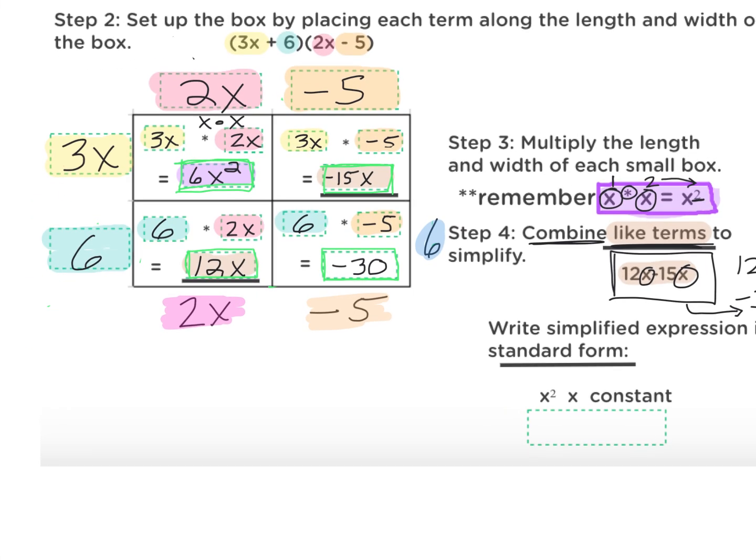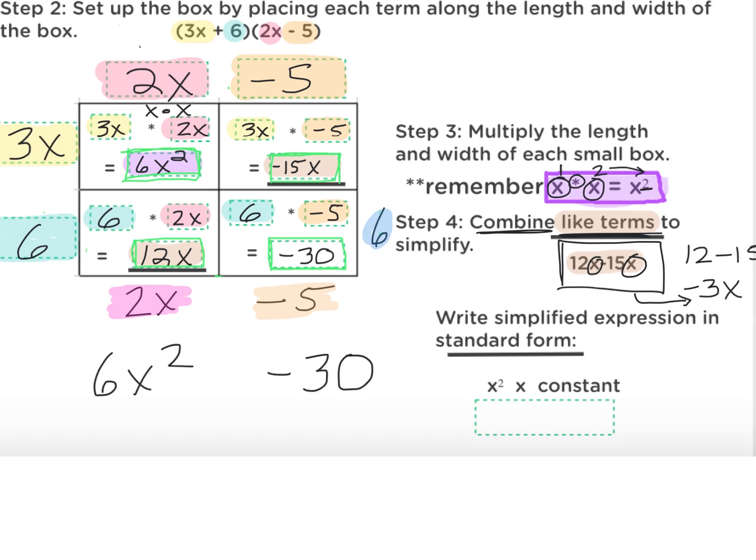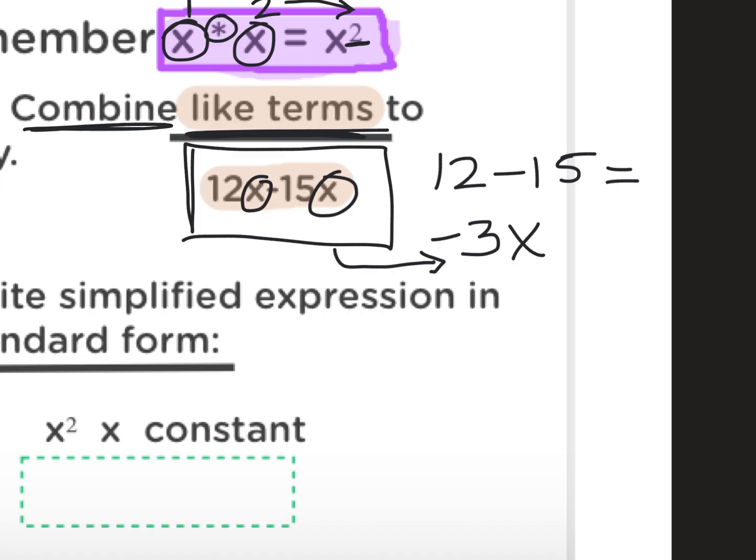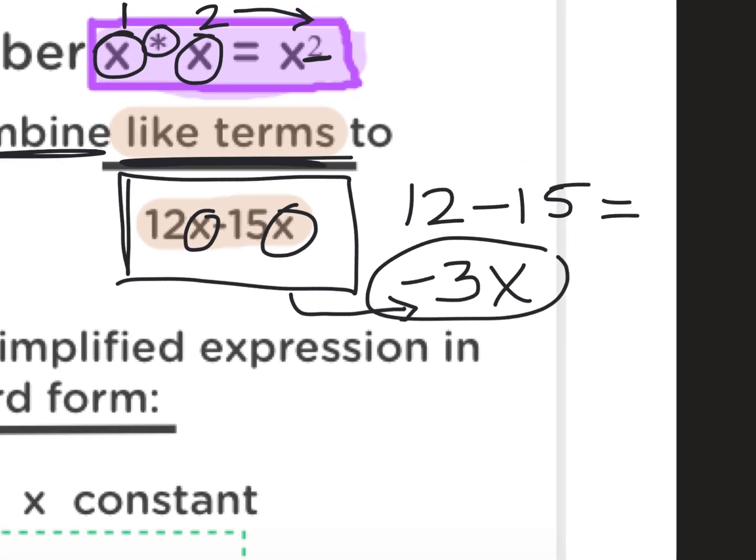So now I'm going to bring down what we have from the box. So we had 6x to the second, which I'm going to bring down. We have -30 from the box, which I'm going to bring down. Then we combined the 15x and the 12x over here so that we got -3x.